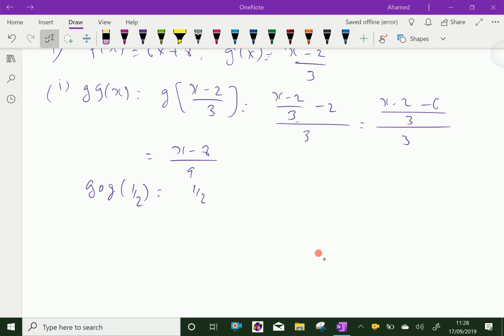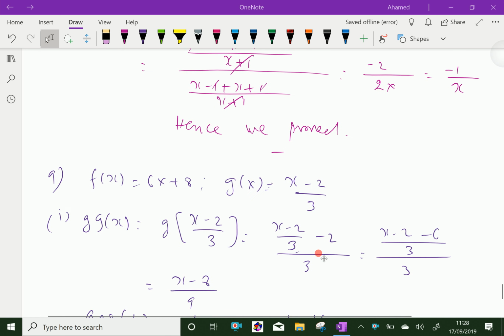So half minus 8 over 9, which is equal to 1 minus 16 over 2 into 9, that is minus 15 over 18. That means 1 minus 16 is minus 15 over 2, and 2 into 9 is 18, which is equal, by cutting by 3, to minus 5 over 6.